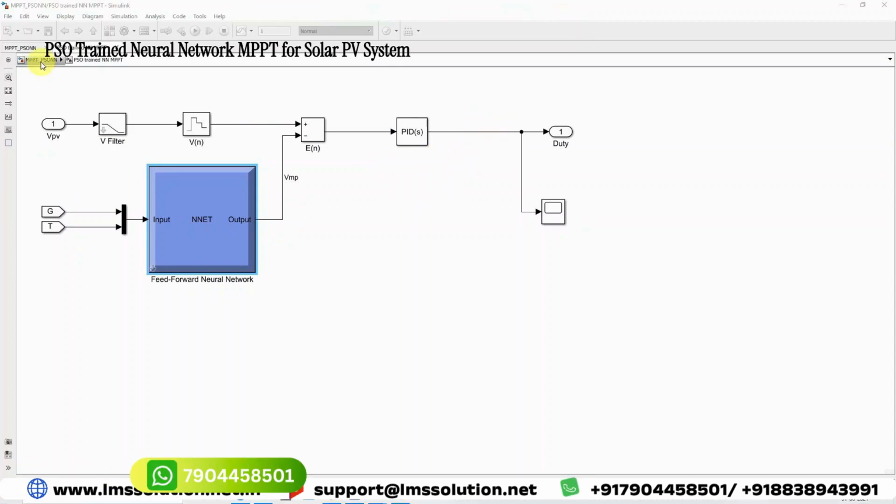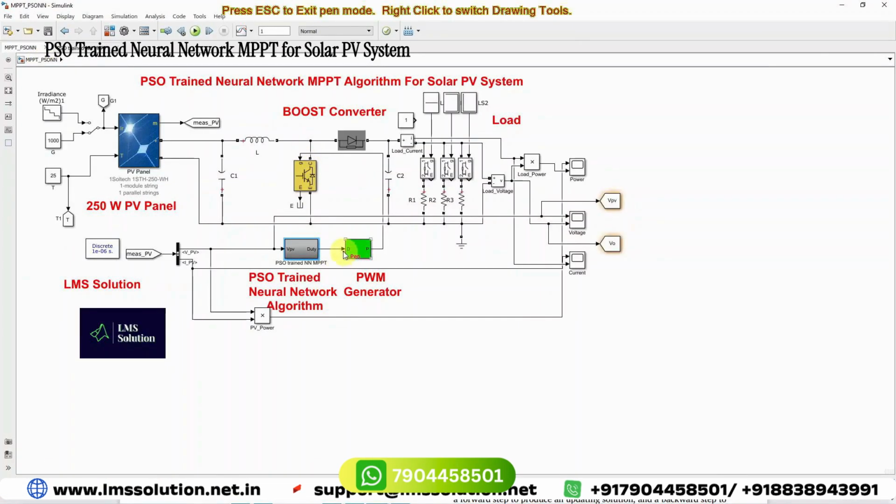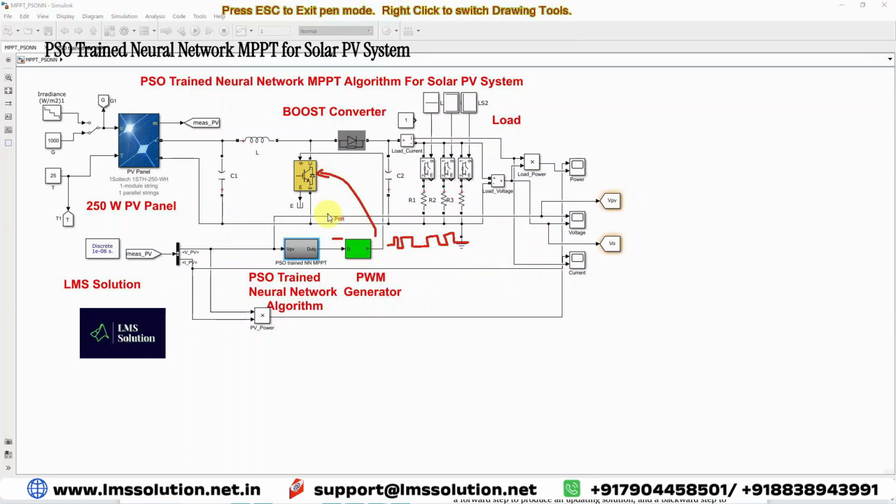This duty cycle is going to be processed via the pulse generator. So it will generate the pulses according to the duty cycle from that neural network MPPT, that means the PSO trained neural network MPPT. So these pulses are going to control this IGBT in order to extract the maximum power from that PV. So this is the process of the PSO trained neural network MPPT algorithm for solar PV system.